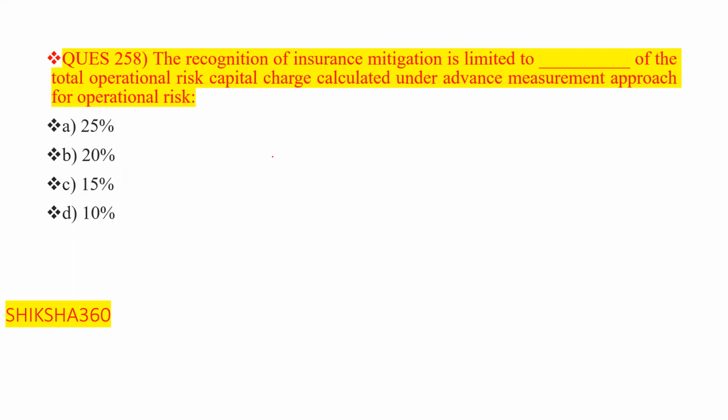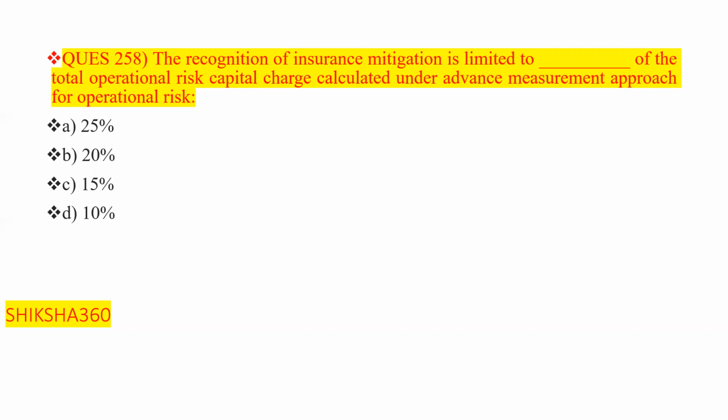Now move to the next question. Very, very important. I think same question we have discussed yesterday also. The recognition of insurance mitigation is limited to dash of the total operational risk charge calculated under the advanced measurement approach for the operational risk. What is the correct answer? That is 25%, 20%, 15%, 10%.